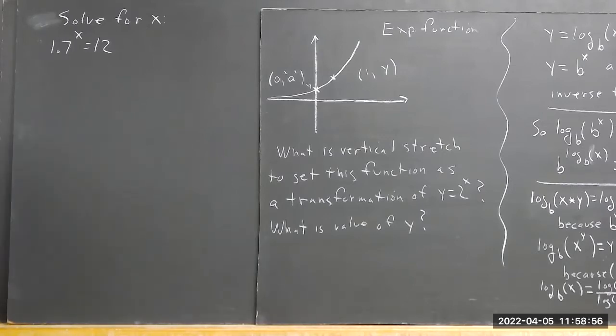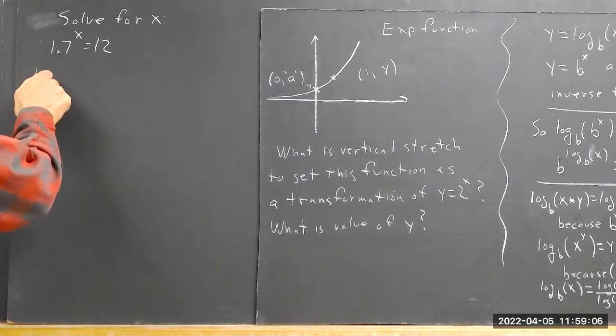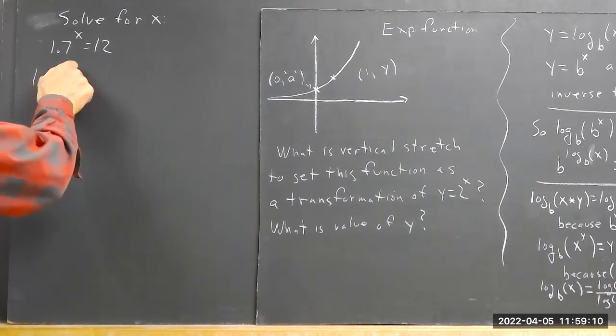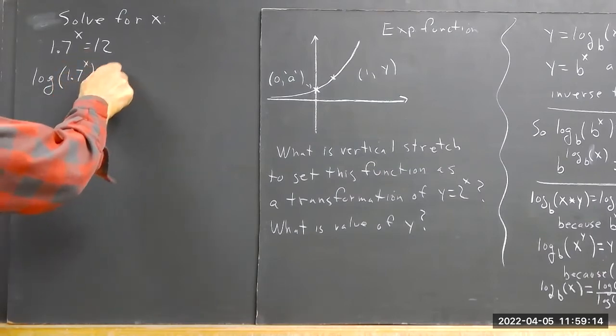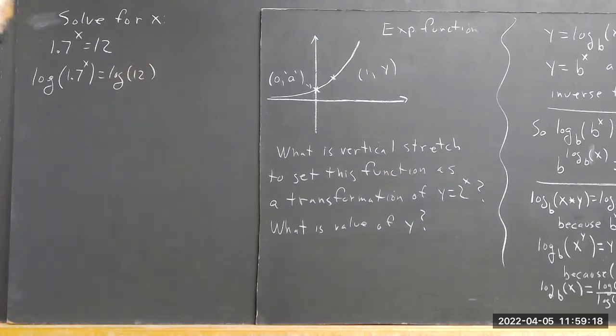Okay, well, we can say that the log of 1.7 to the x equals the log of 12, can't we?